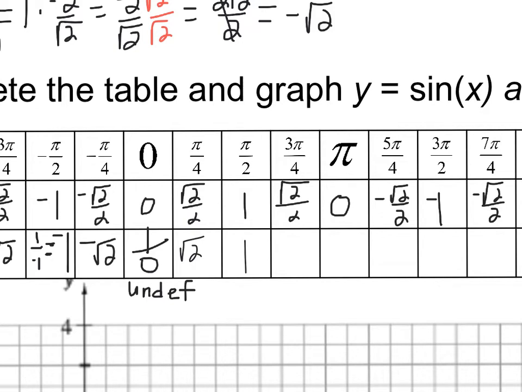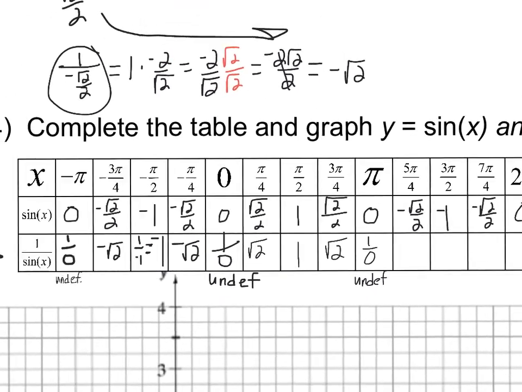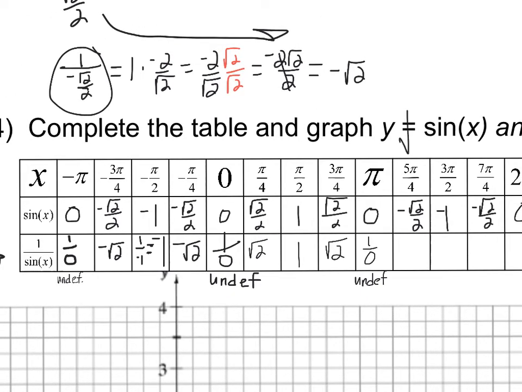Another square root 2 over 2. So that's going to be 1 over the square root 2 over 2. We'll simplify it to the square root of 2. 1 over 0. Again, undefined. 1 over a negative square root 2 over 2. So we're dealing with this right here. Again, that's going to give me the same thing that I've had in the past, a negative square root 2. 1 over a negative 1 is a negative 1.